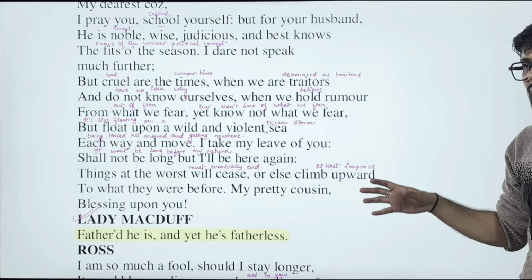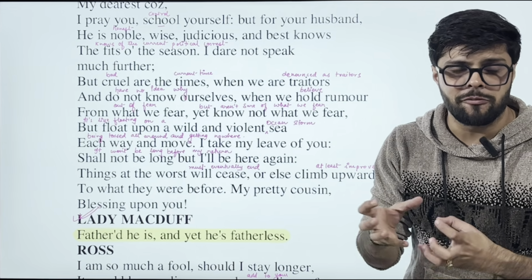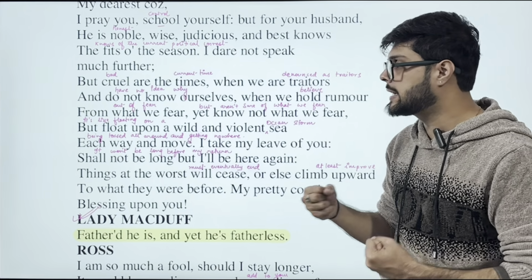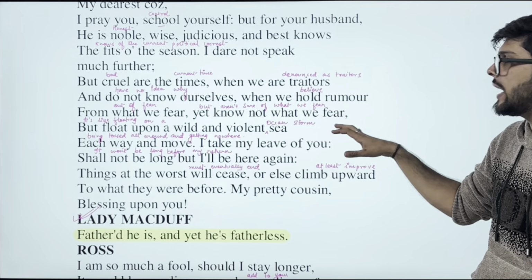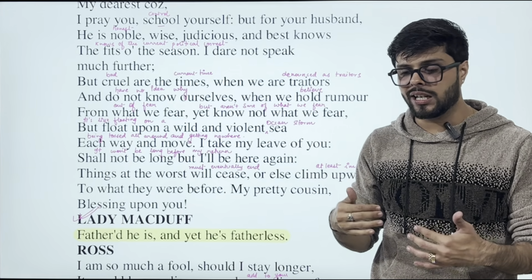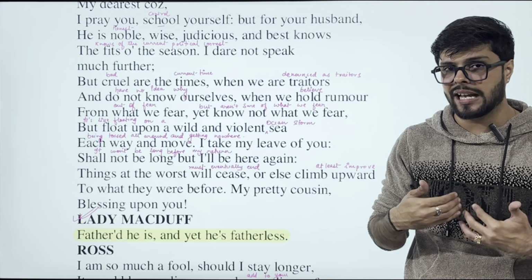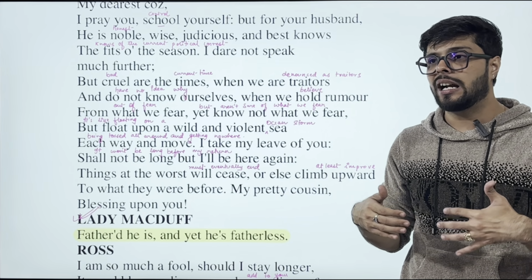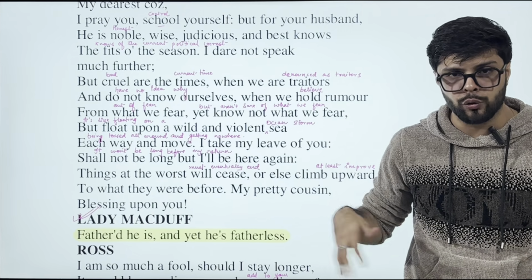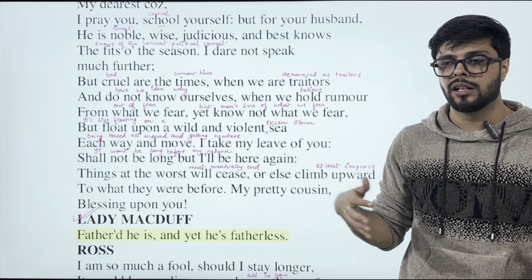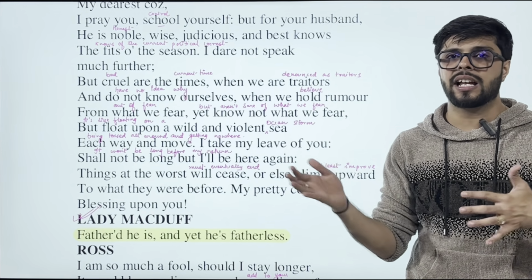Okay? But during such a time, the condition of human beings is such that we float upon a wild and violent sea. So basically, the current political tension in Macbeth's rule is such that the entire situation of Scotland is like a violent sea.